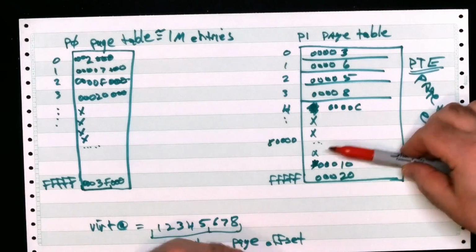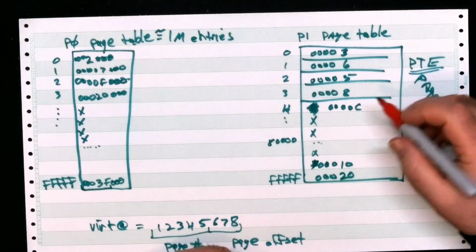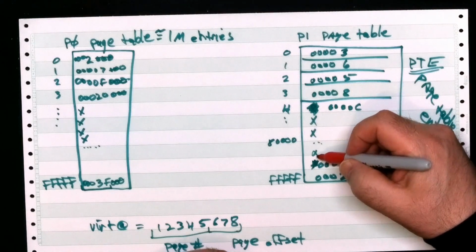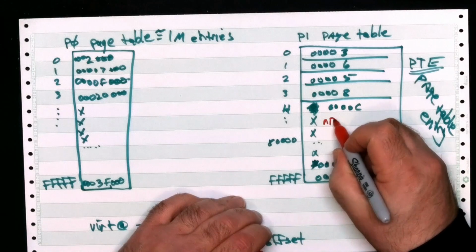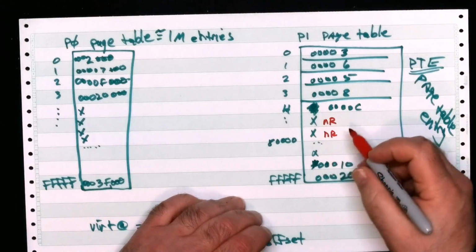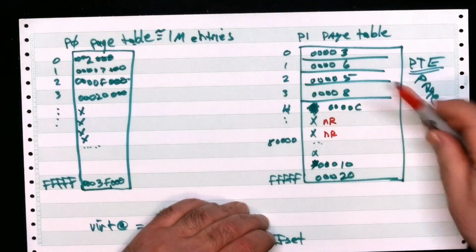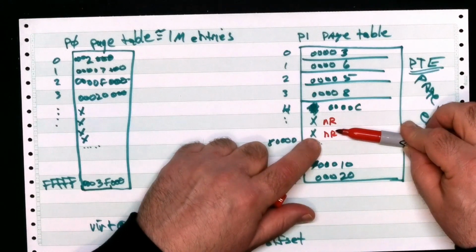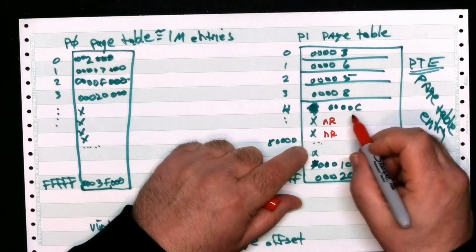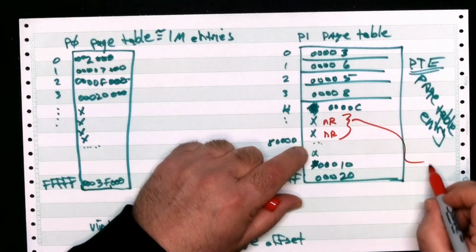Now, why would you want to do that? Well, it turns out you can mark all these as invalid, but then you could keep a flag in here as well that I'm going to put NR for not really, okay? So maybe a couple of pages up here are invalid, but not really, all right? What we call this scheme is demand paging, okay?